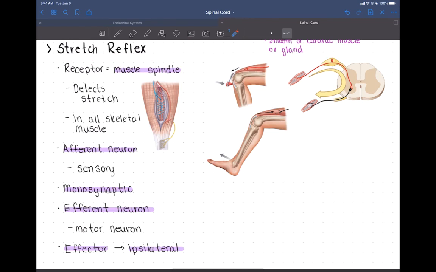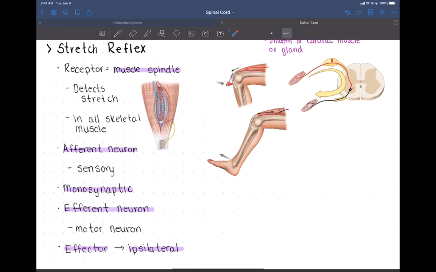The receptor involved is a muscle spindle. A muscle spindle is just a specialized smooth muscle cell you can see here, and it's wrapped in nerve endings that detect how much that muscle is being stretched.